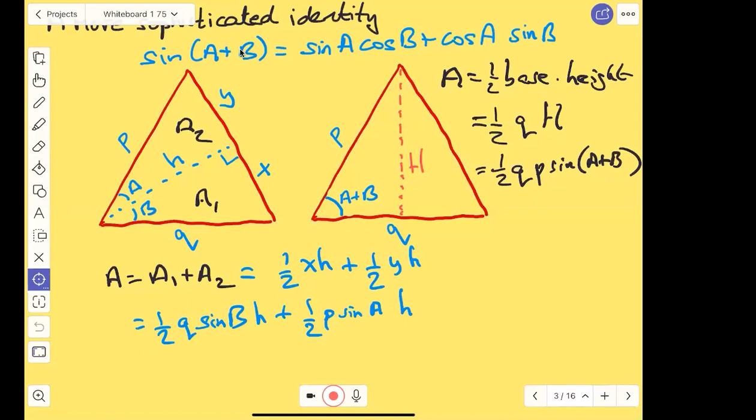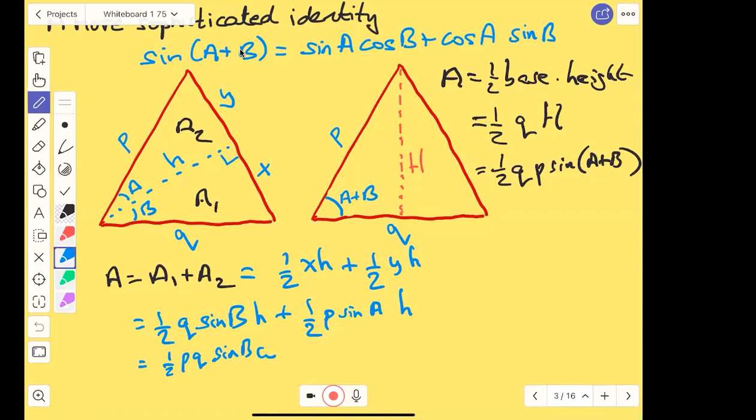So what we get here is a half, and we're going to get a P. I'll just write that now in alphabetical order. PQ, sine of B, cosine of A, plus, and then we do exactly the same thing here, but in this case we want to write H in terms of Q. So we use this triangle and we get the cosine again.